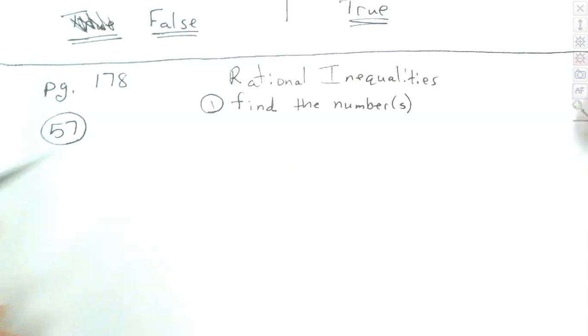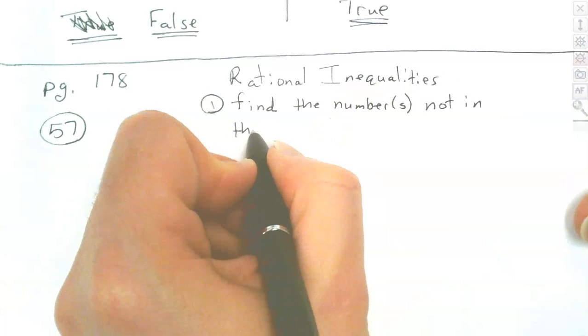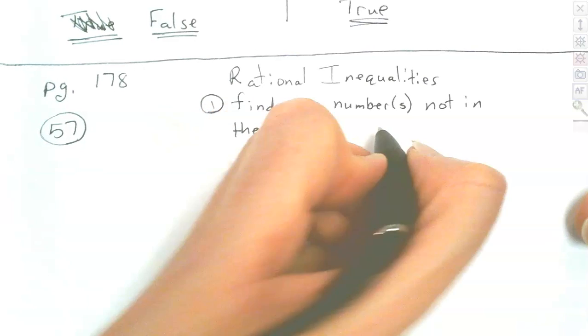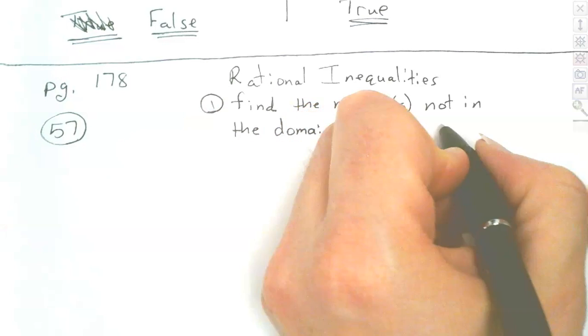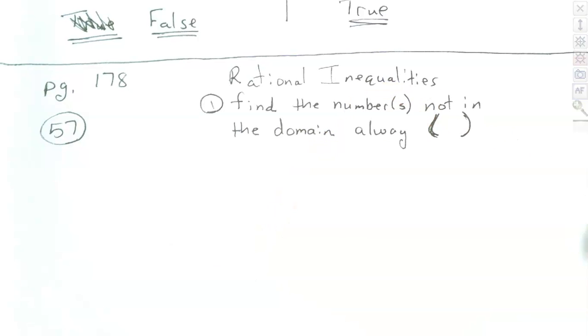Number or numbers not in the domain. And they are always, no matter what, going to have parentheses. So we find it and it's not in the domain, it's always going to have parentheses.